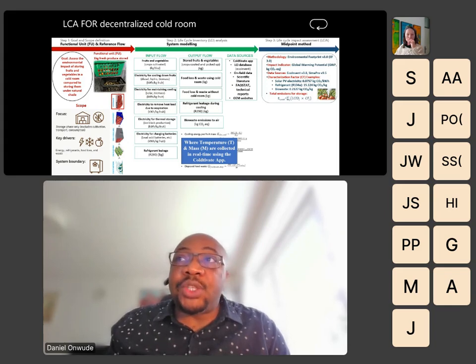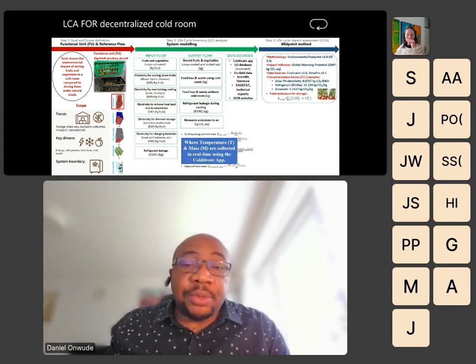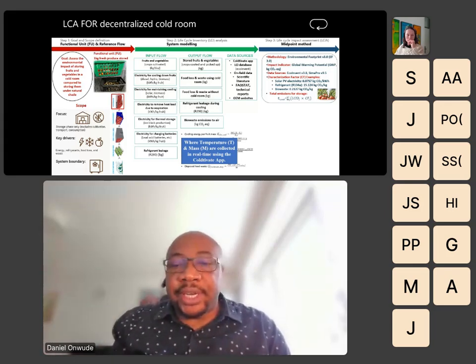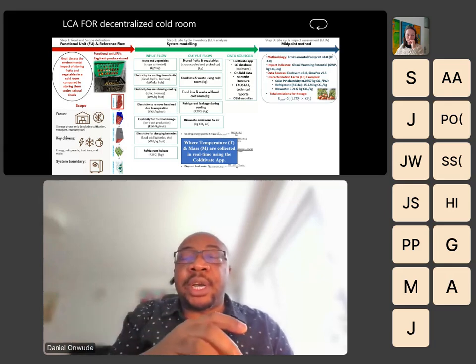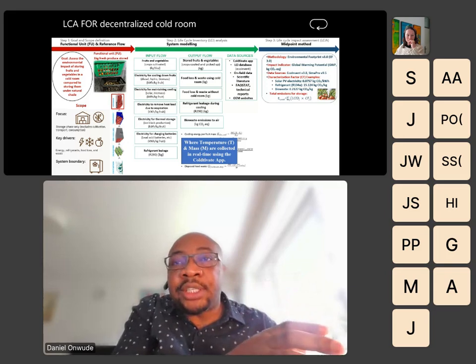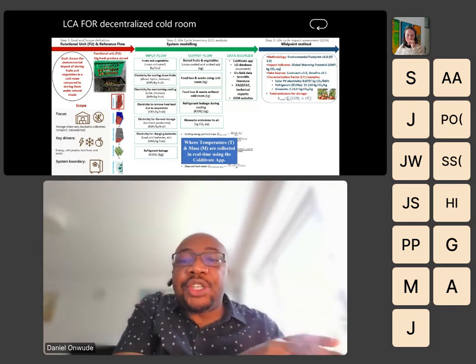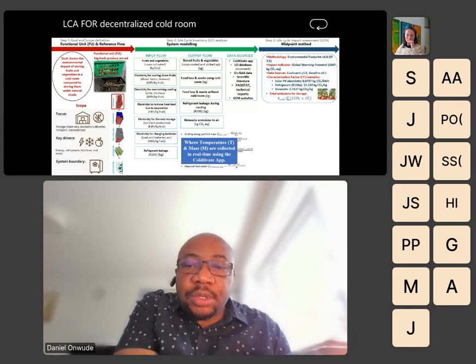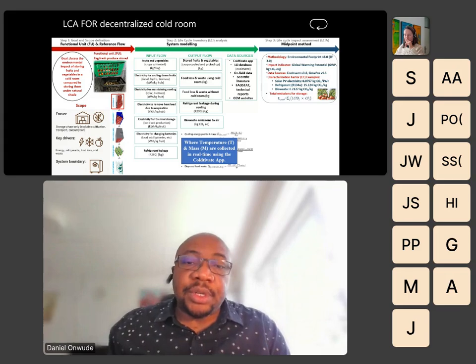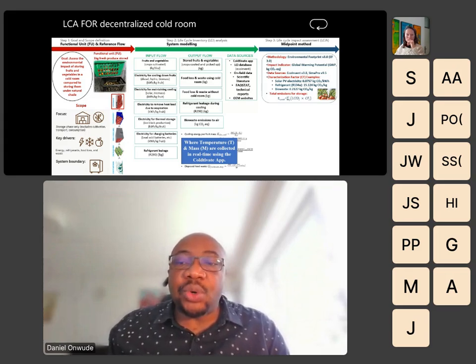And then finally, once we get the total emission for storage, we can interpret these into the amount of emissions avoided, which is just a simple deduction between the emission from without cold room and that from using cold room. So this gives us a direct comparison between cooling and no cooling scenarios.